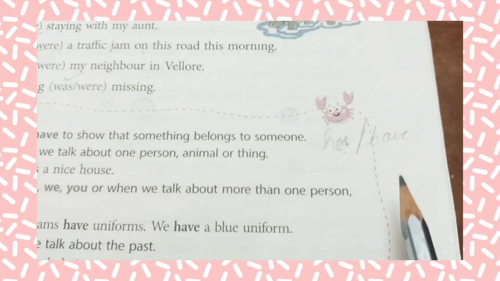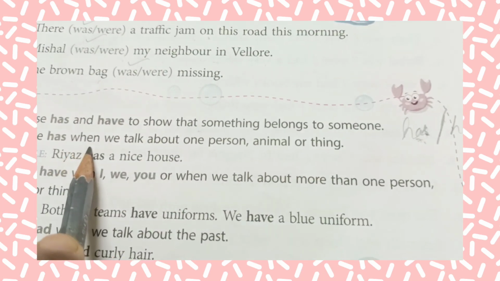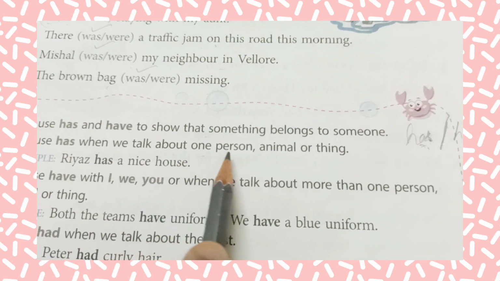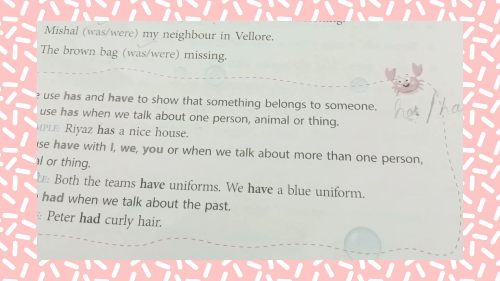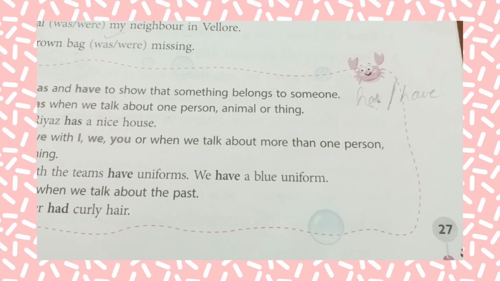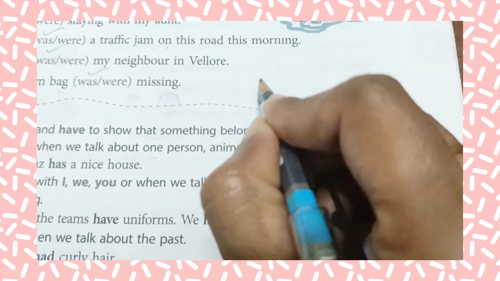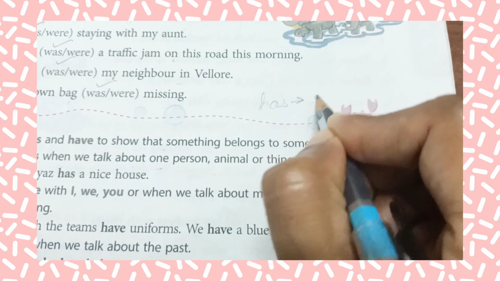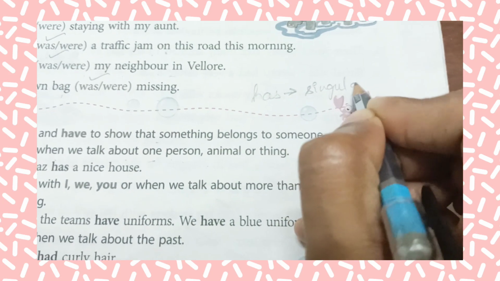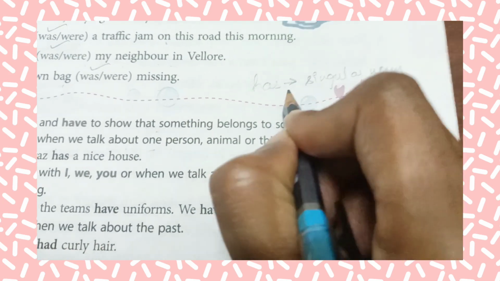We use here has or have. We use has when we talk about one person, animal or thing. If it is a singular noun, we use has.